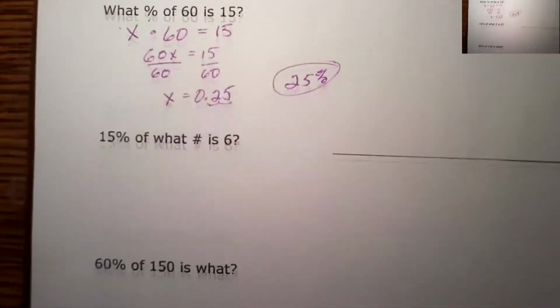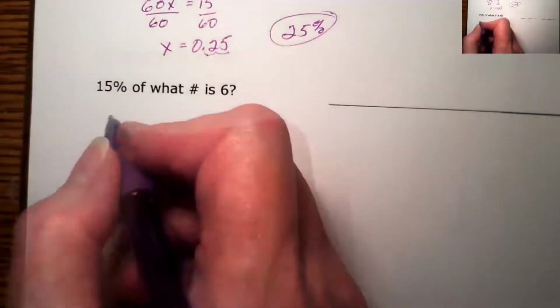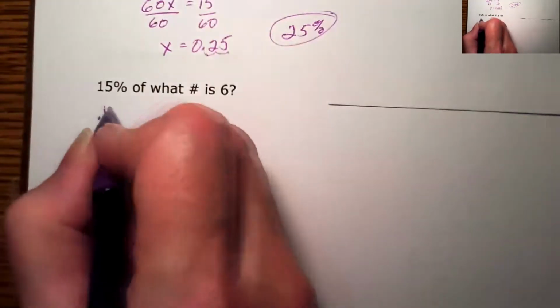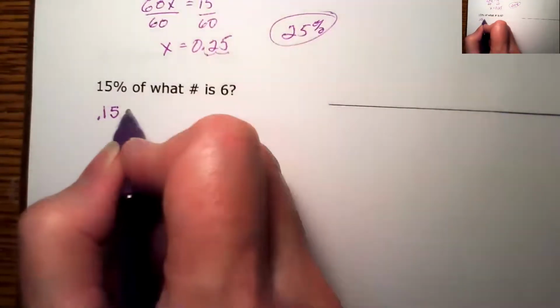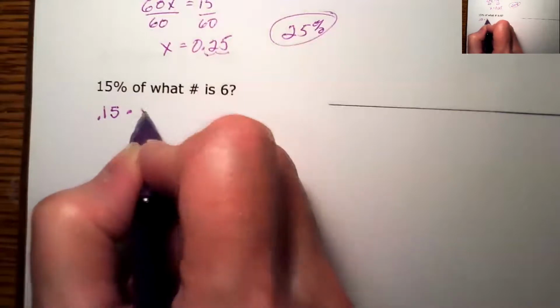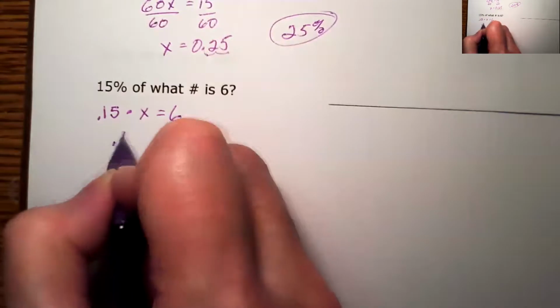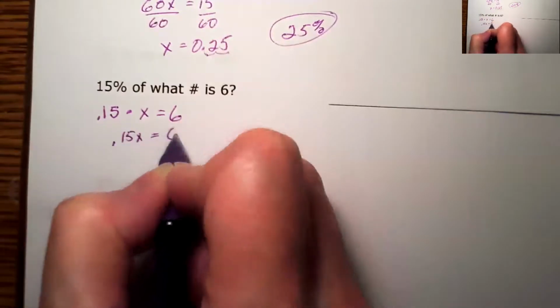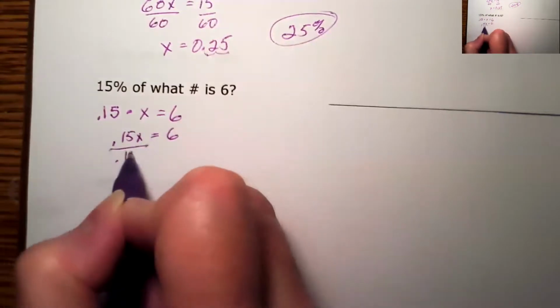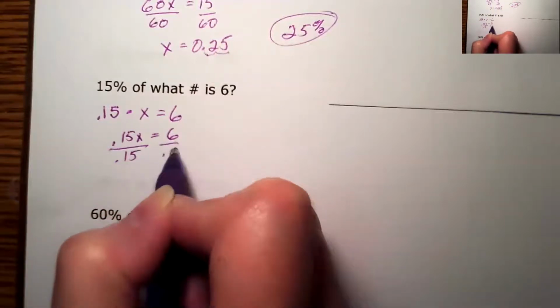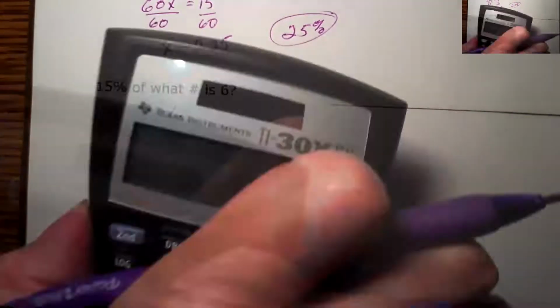The next one, we're given the percent, so we have 0.15 because we're putting it in decimal form. "Of" is times. What is the x? "Is" the equals 6. So 0.15x equals 6. To solve for x, I divide by 0.15. So I take my calculator.